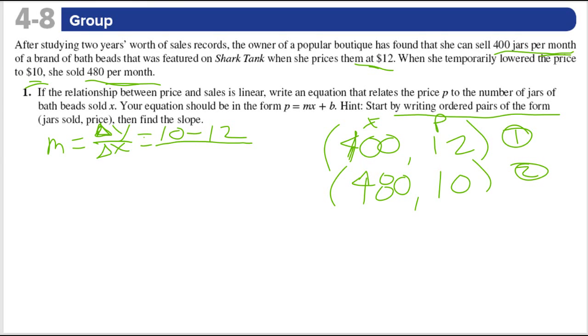Anyway, so point 2 is 480 minus 400. So I end up with negative 2 over 80, or negative 1 over 40. You could do that on your calculator if you'd like.